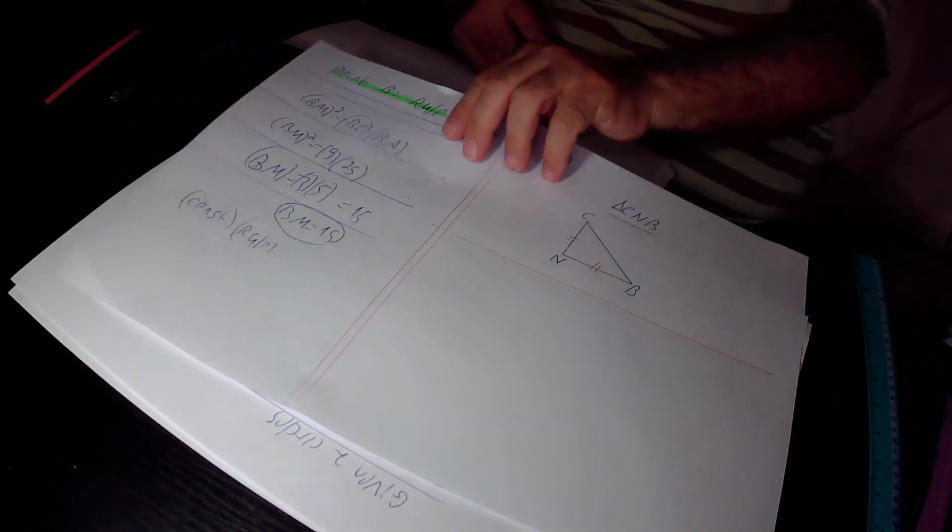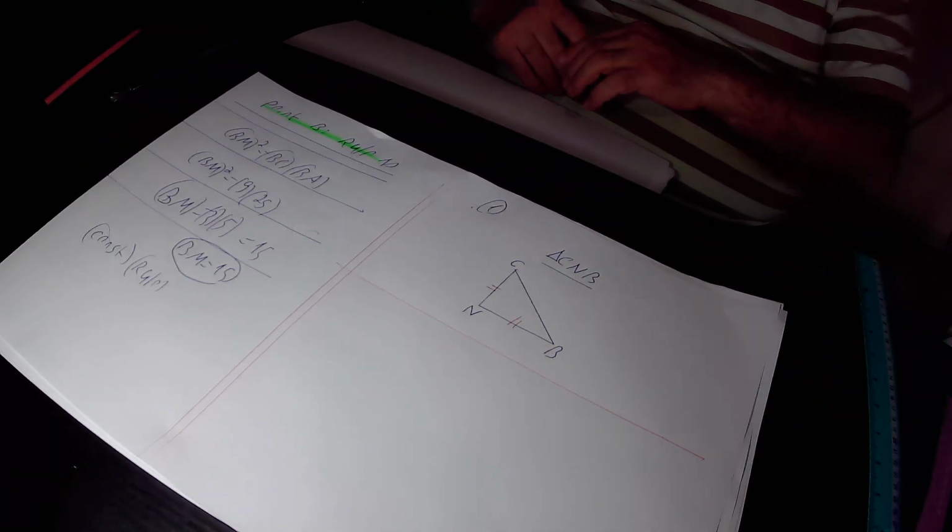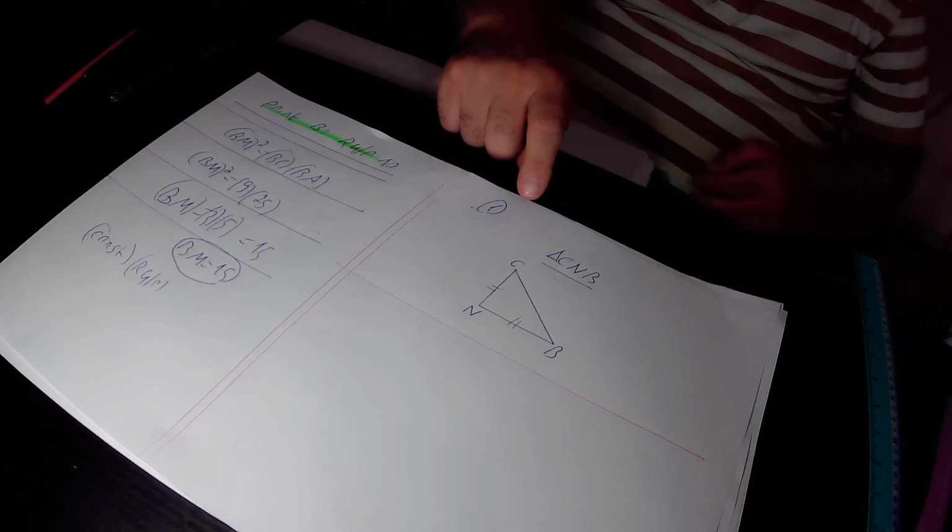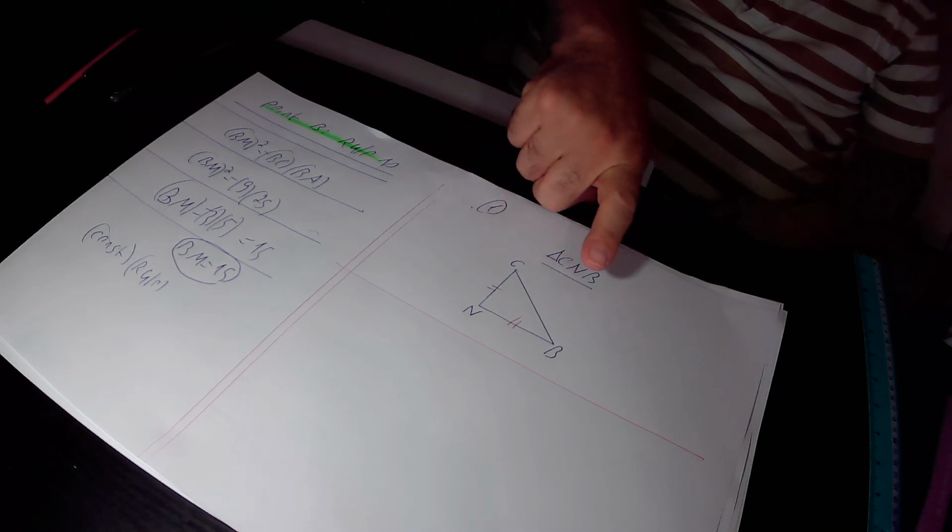So here, this is triangle CNB that I got from the original drawing. In this triangle CNB, side CN equals side NB according to rule 2.